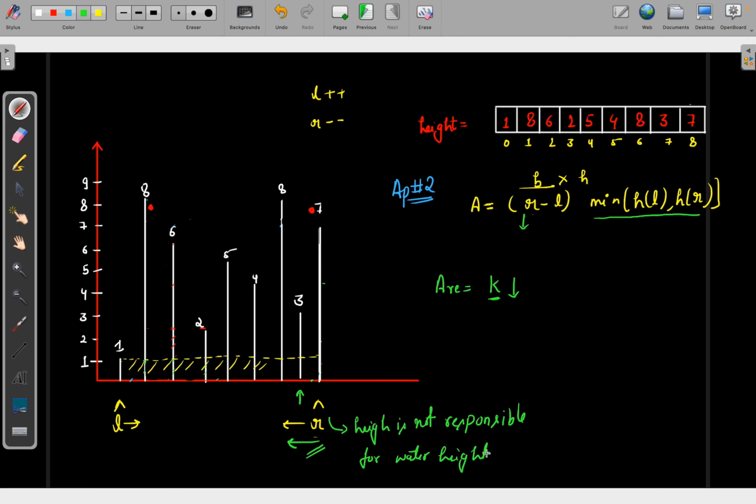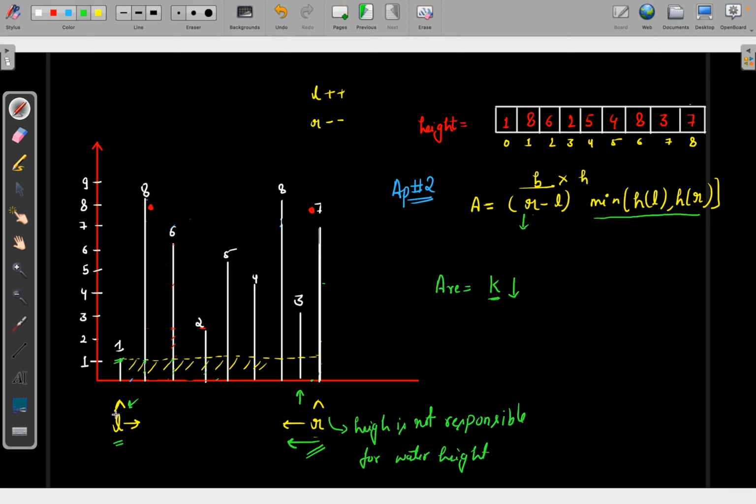Here you can see my water height is dependent on the minimum one, and which is the minimum one? That is the L. So my water height is dependent on this one. So no matter if I am changing from here to there, my water content, my area is going to be decreased for sure. That is completely sure that if I am moving in this direction, it is going to be decreased.